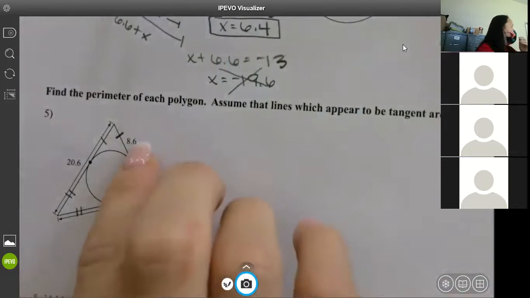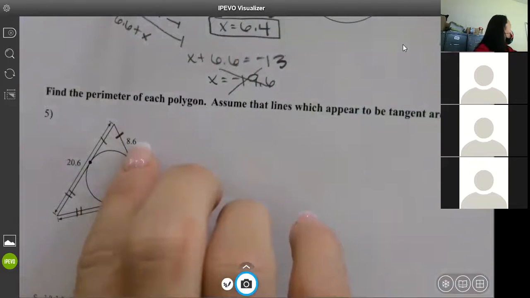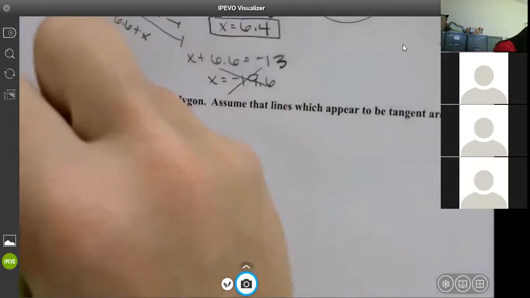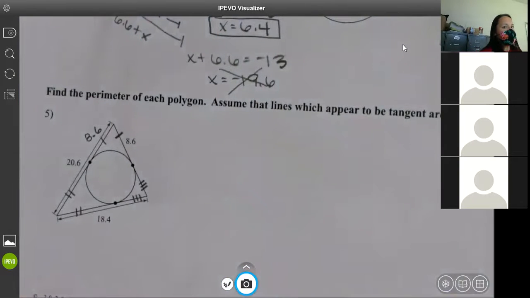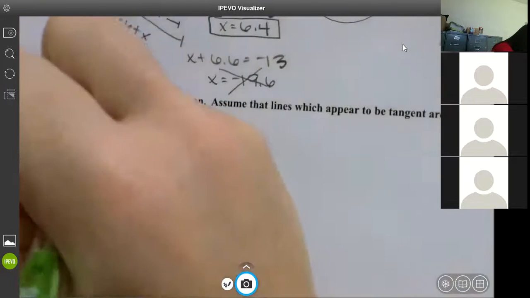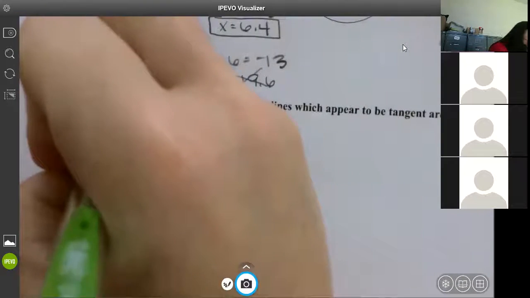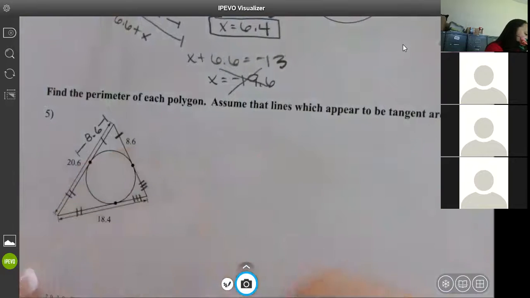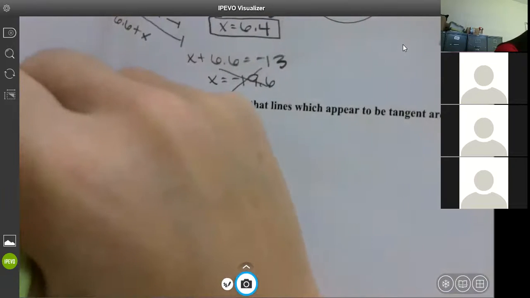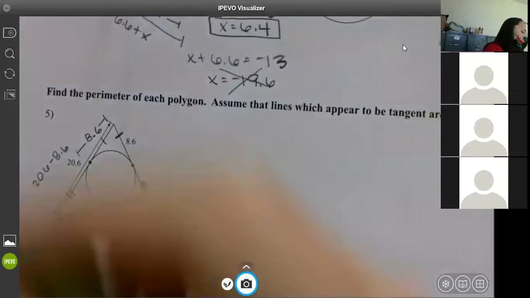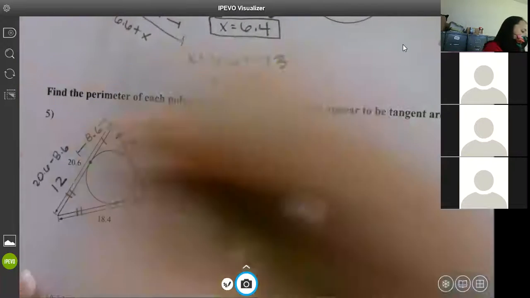But right here, I have just 8.6 for one side, right? So if this one is 8.6, that means that one is 8.6. So just this much is 8.6. How do I figure out how much this other part is? 20.6 minus 8.6. What do you get? 12.